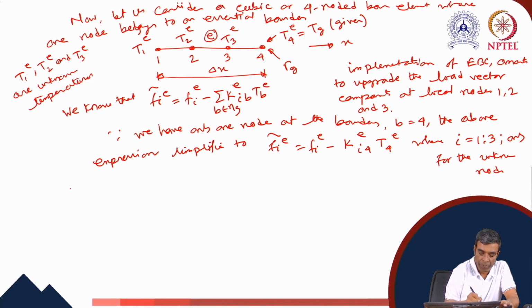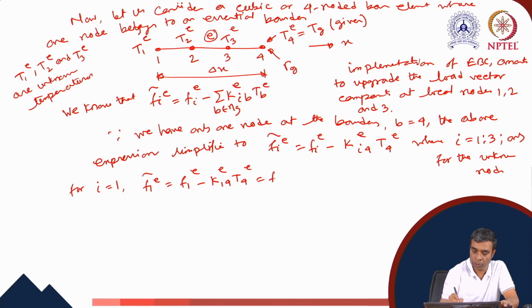So for I equals to 1, we get F1E tilde equals to F1E minus K14E T4E equals to F1E minus K14E into Tg.